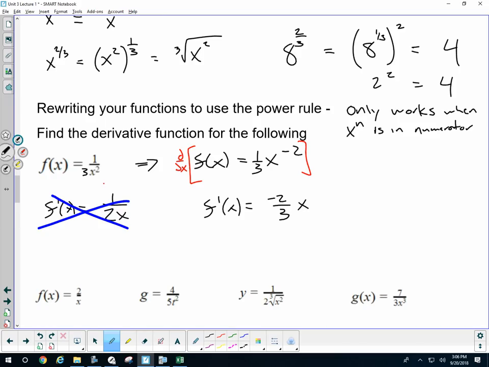But no, you are subtracting 1 from the power. So this is negative 2 minus 1. That's the same as adding a negative 1. You actually go to the negative third power. Okay, so just make sure your arithmetic is solid. And if you'd like to simplify that to be negative 2 over 3x cubed, you may.